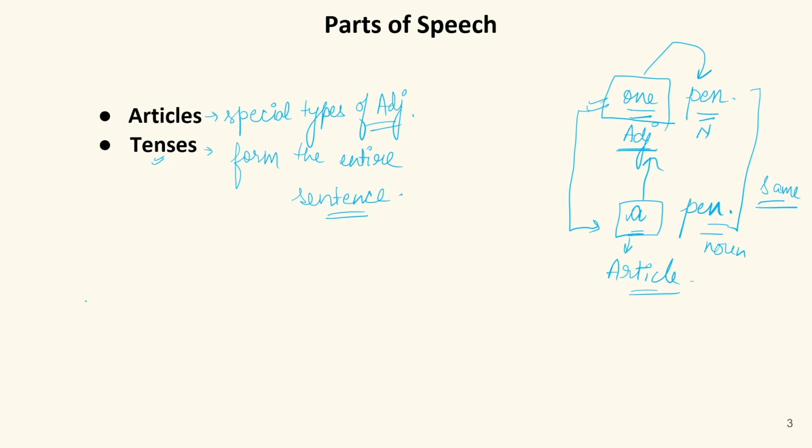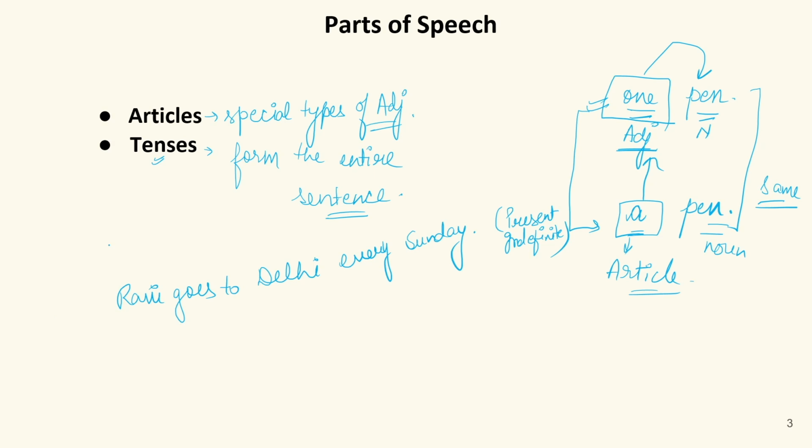For example, if I say "Ravi goes to Delhi every Sunday", this is present indefinite, of course. This is a present indefinite tense, or you can say simple present tense.